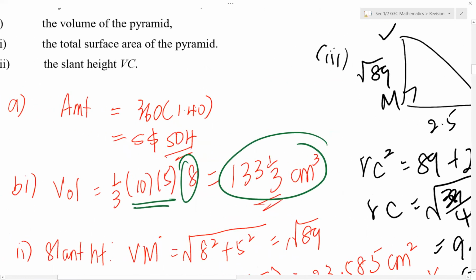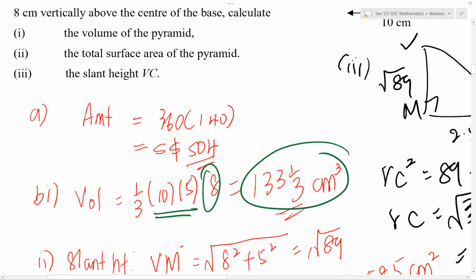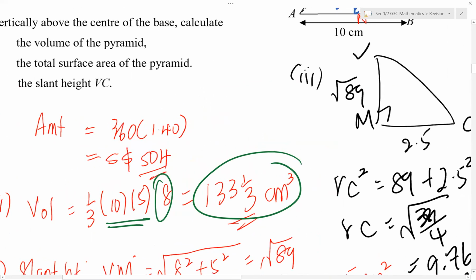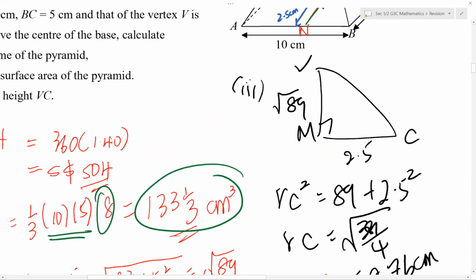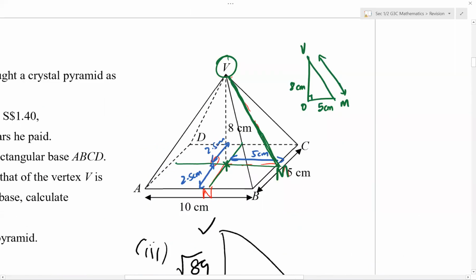Okay, so here is where we need the area of all the 4 triangles. And we know that the area for a triangle is half times base times height. So taking this triangle as a start, to find this area, I need the base, which is given, 5 cm. Simple. I need the height. Now the height is not given, it is the slant height, which is this VM, which we can easily find out by Pythagoras theorem.